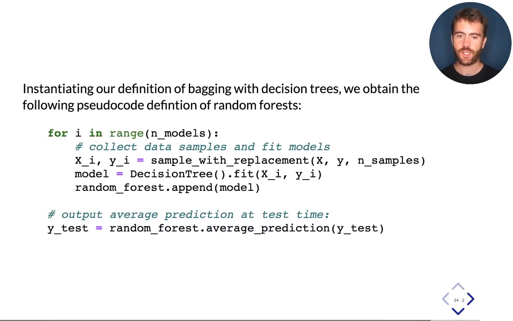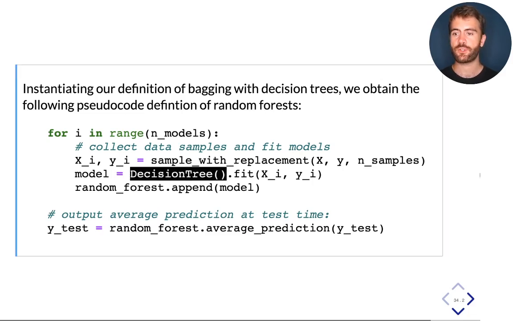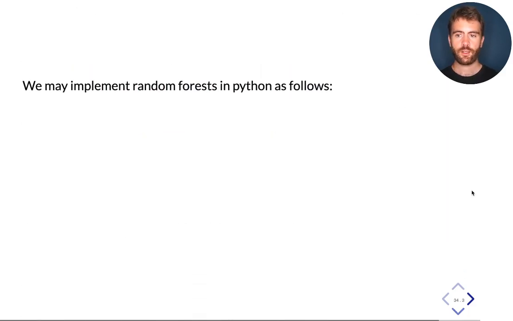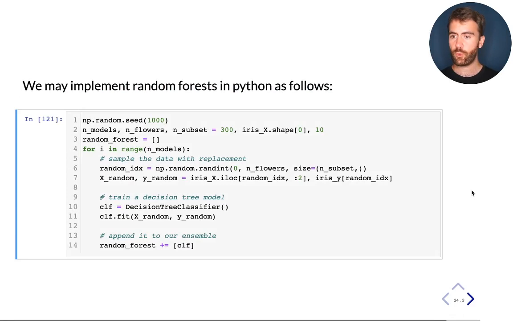If we were to instantiate our example with bagging, this is what we have, and I have just replaced the earlier definition of bagging by using a decision tree as the model here. Random forests are really easy to implement, just as bagging is easy to implement. This is essentially Python code that closely mirrors the pseudocode that I had in my earlier slide.